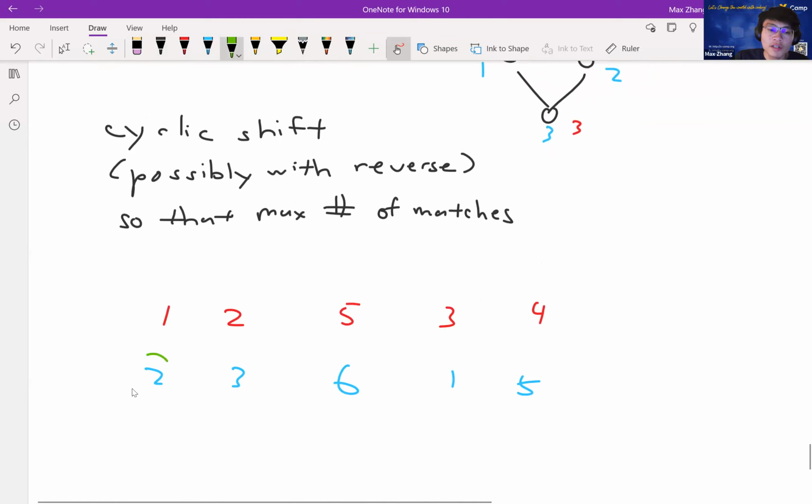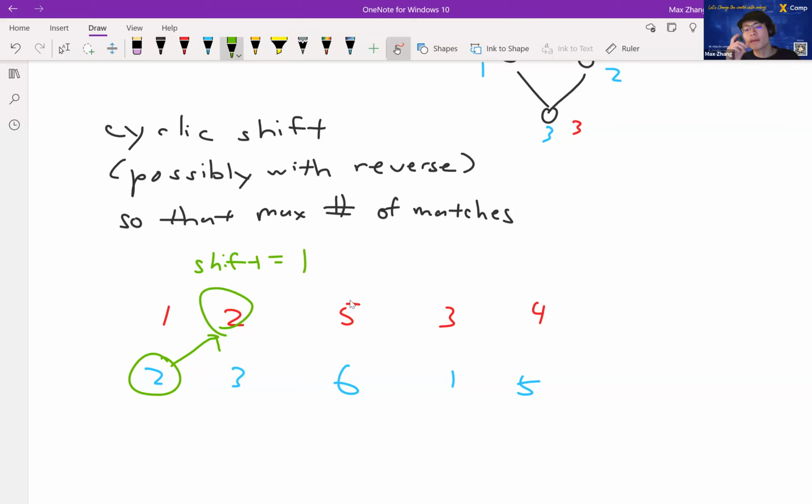For each label inside one array, there's a unique position in the other array, or it does not appear at all. If it does not appear, there's no chance of aligning it, so we don't worry about it. But if it does appear, say it's 2, then if the shift is equal to 1, we get +1 to the answer.